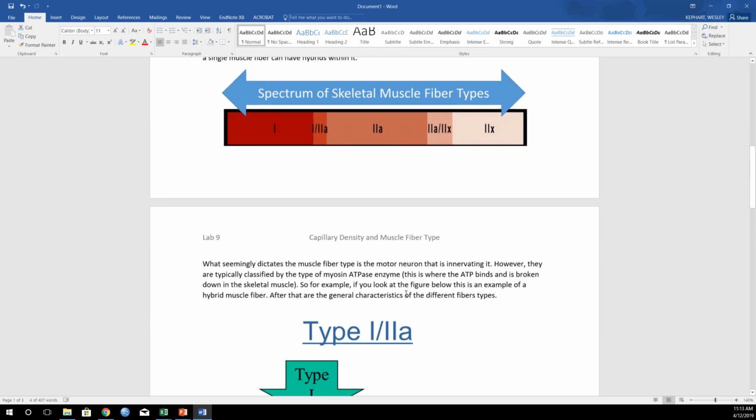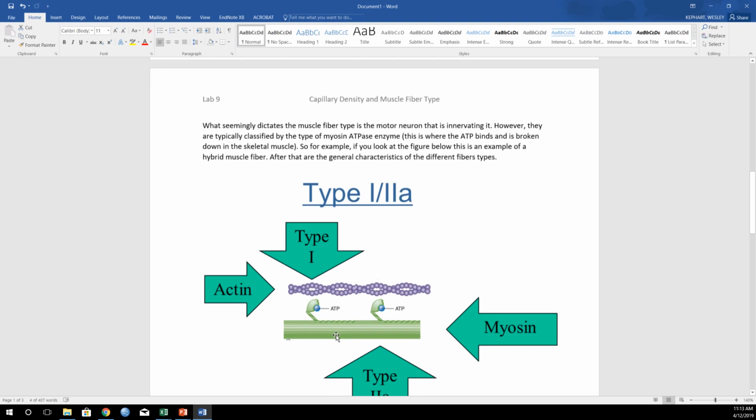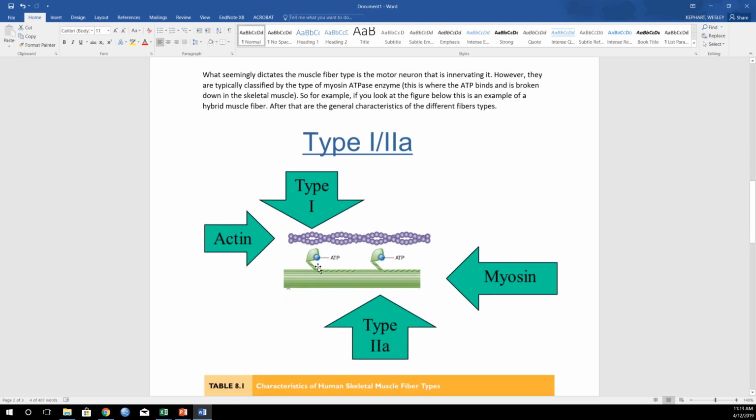So, one thing to understand here is how muscle fiber types are actually dictated and measured in a laboratory setting. And I'll talk about this in class. It's really the type of enzyme inside of this myosin head, the myosin ATPase. So there's a slow flavor and faster flavors. So we might be able to have a hybrid like this.